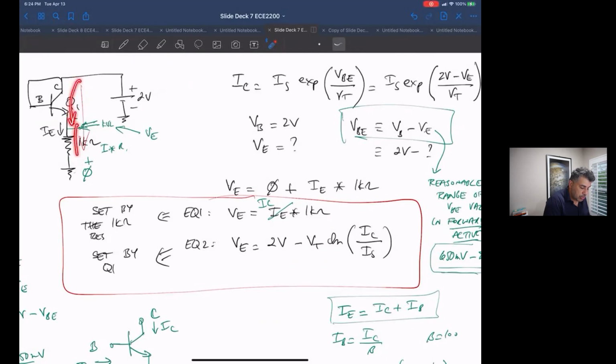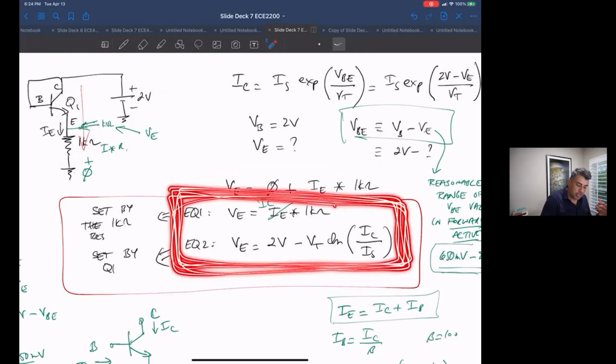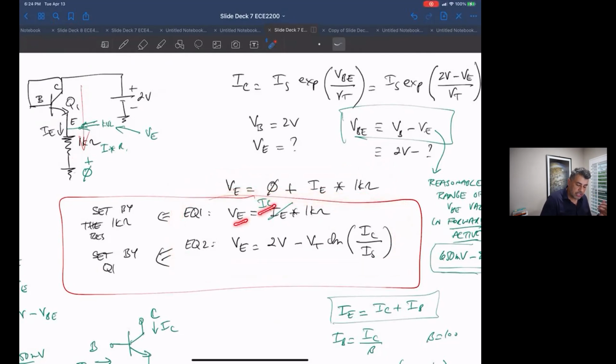So one of the unknowns is the current, I sub C. The second unknown is this voltage here, V sub E. The 2 equations are the equation for the transistor, which is this exponential, and the equation for the resistor, which is just V equals IR. So with both techniques you're solving these 2 equations in 2 unknowns to get I sub C and V sub E so that you can get your small signal parameters.